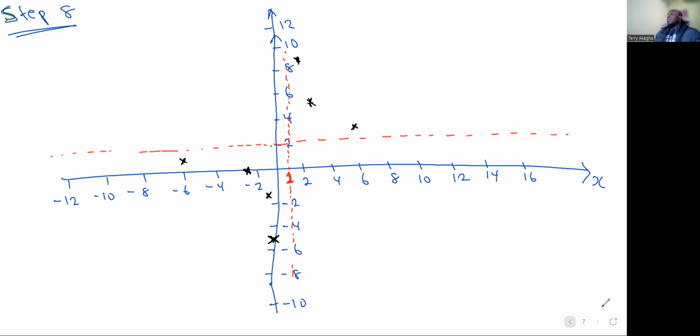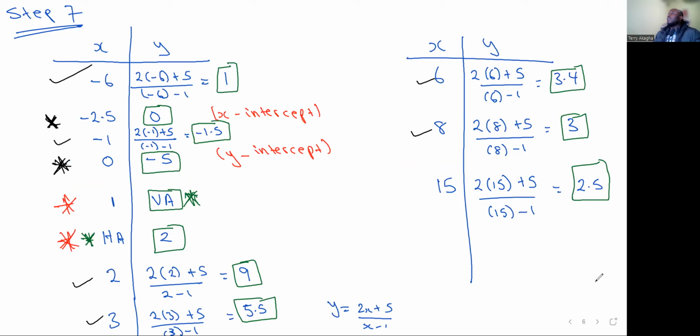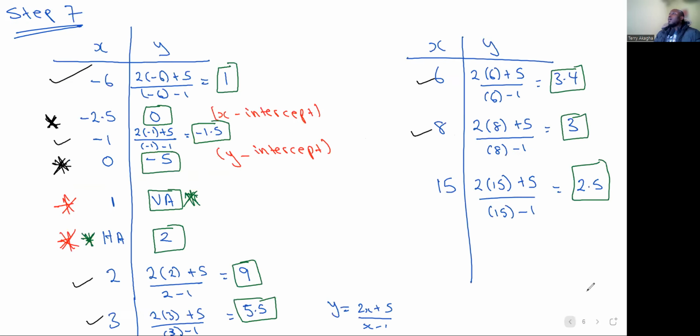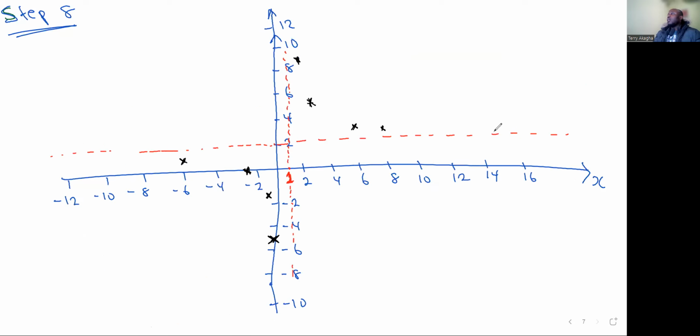Then x is 8, y is 3, somewhere here. Then we also have x is 15, y is 2.5, somewhere here.